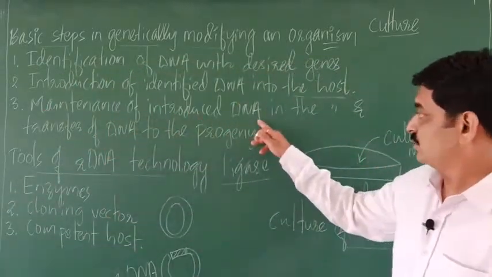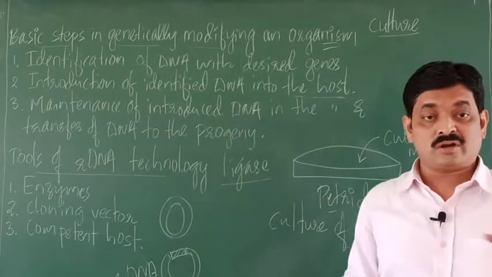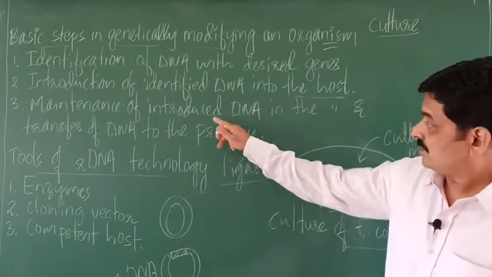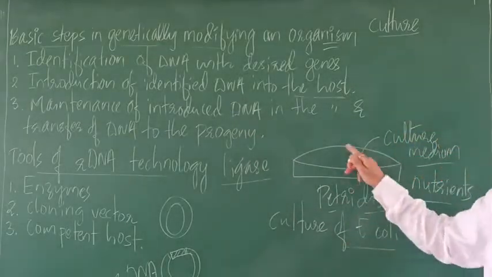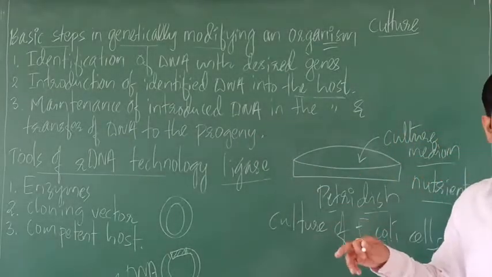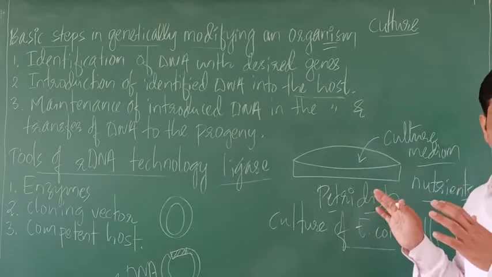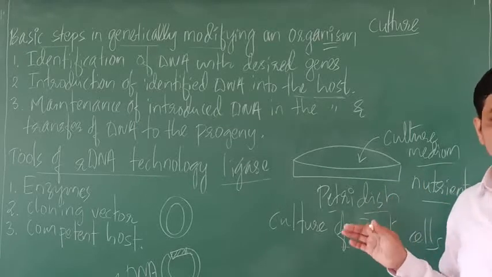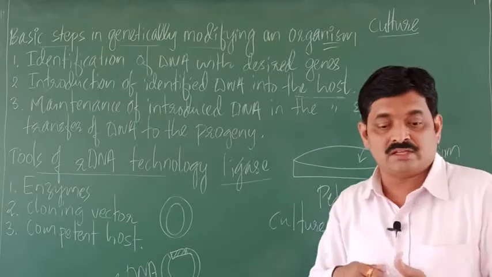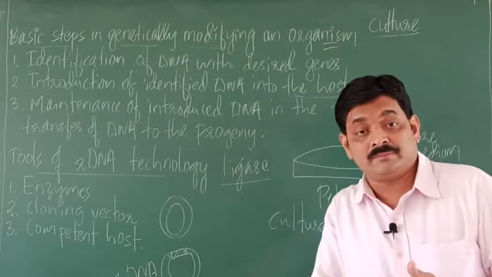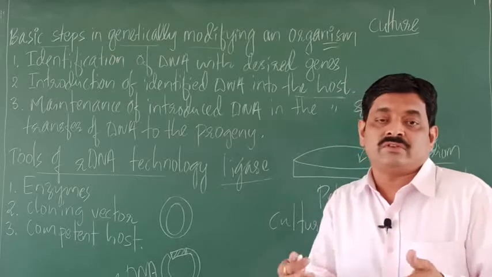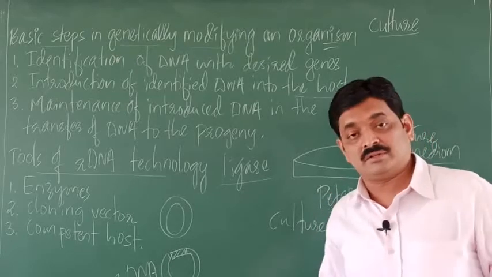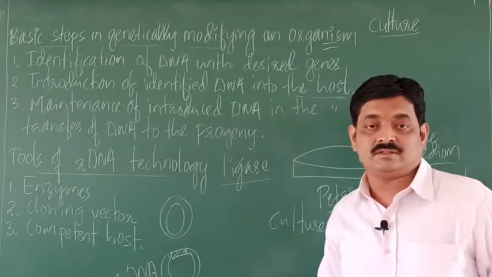Maintenance of introduced DNA in the host. So you are maintaining that introduced DNA in the host by culturing it or cultivating it in the culture medium. In the culture medium E. coli cells divide, right? They divide and produce a new generation, progeny or offspring, new E. coli cells.